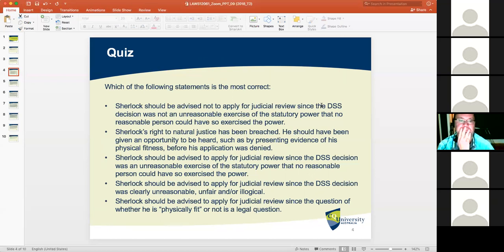C, Sherlock should be advised to apply for judicial review since the DSS decision was an unreasonable exercise of statutory power that no reasonable person could have so exercised the power. D, Sherlock should be advised to apply for a judicial review since the DSS decision was clearly unreasonable, unfair, and illogical. And E, Sherlock should be advised to apply for a judicial review since the question of whether he is physically fit or not is a legal question. Thank you, Clinton.